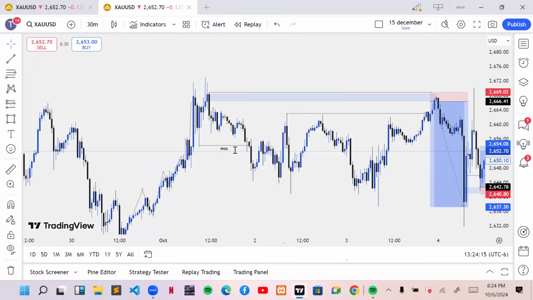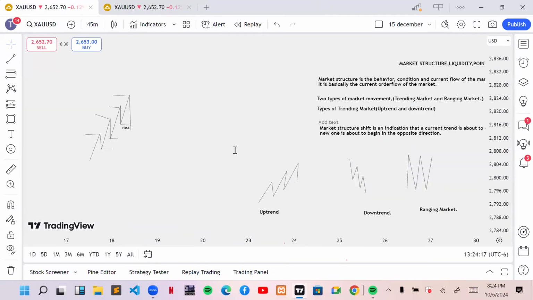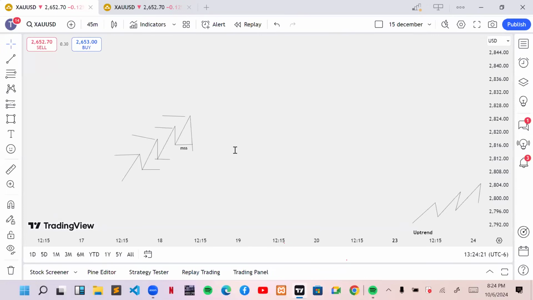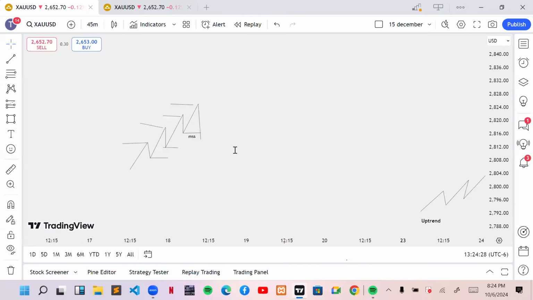This is where the market structure shift is, same as what I marked out here. The market was on an uptrend, then broke the last low and made a lower low. This has turned the market from a previous uptrend to a downtrend. That is market structure shift.